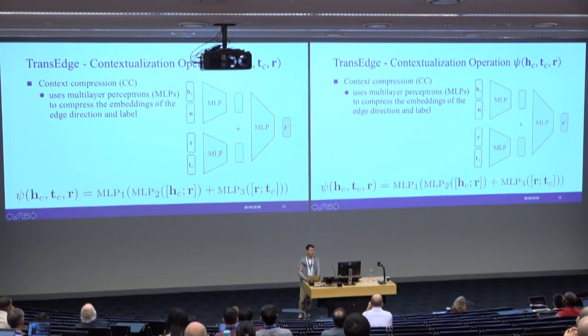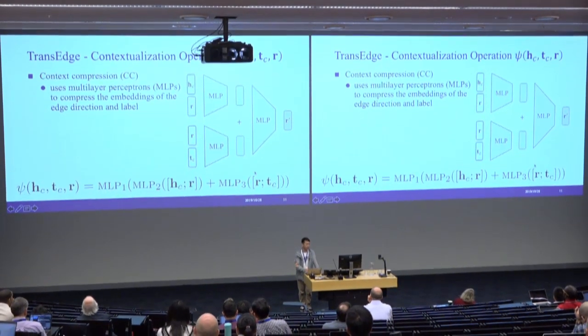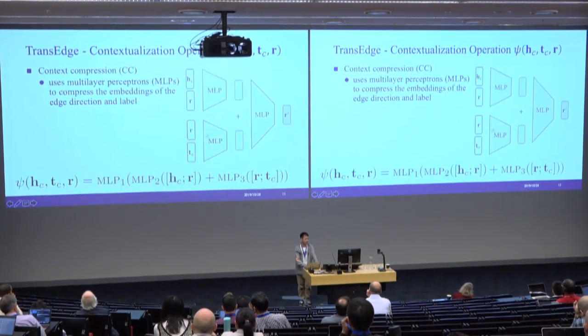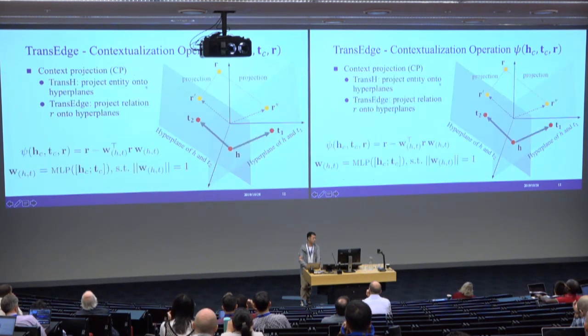We first combine the head entity and relation together, then combine the relation and tail entity together, and sum up these two and use an MLP to obtain the edge embedding. Here we use different MLPs for these two parts because when we interchange the head and tail entities, the edge vector should be different.